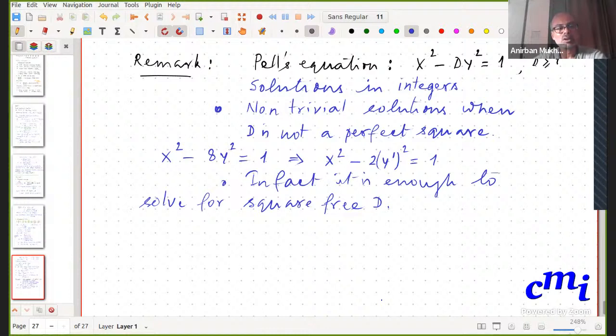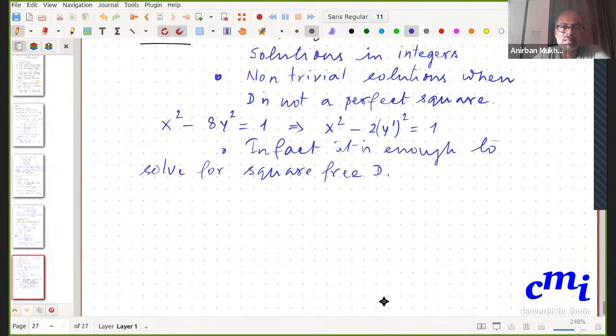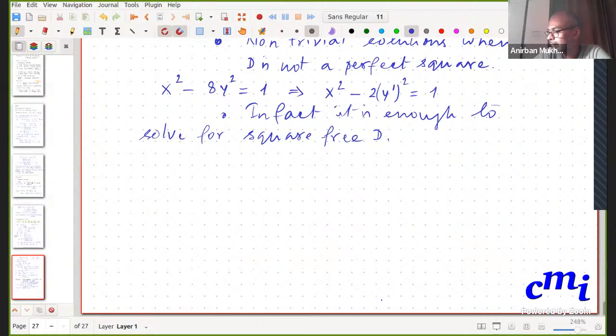One short remark is about this name, Pell's equation. It is named after somebody called Pell, but it's actually very strange. That name was given in a very strange situation, probably by people who are ignorant about other things. Very interestingly, this equation was known to ancient people from Greece to India.